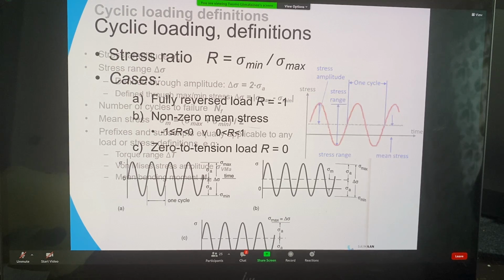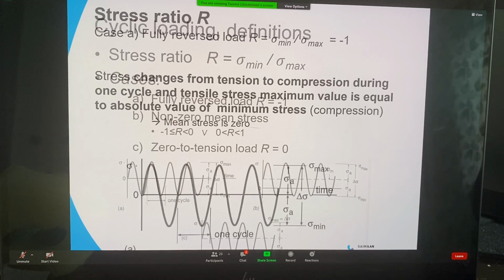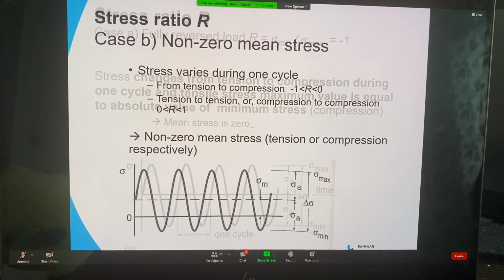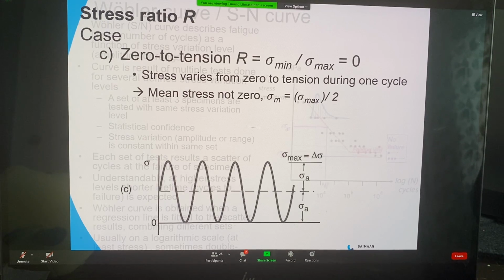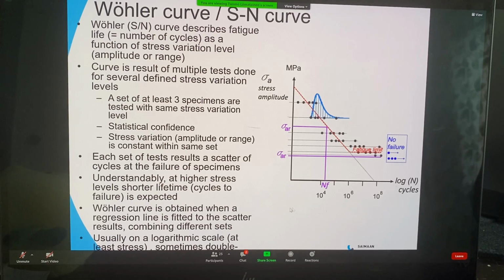So the number of cycles to failure is the lifetime. Sometimes I only use the word lifetime, and that means the number of cycles to failure, so NF. Lifetime means the number of cycles. It's not necessarily time. It could also be time.